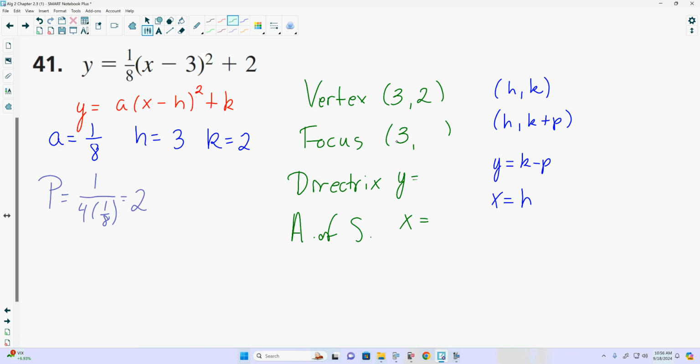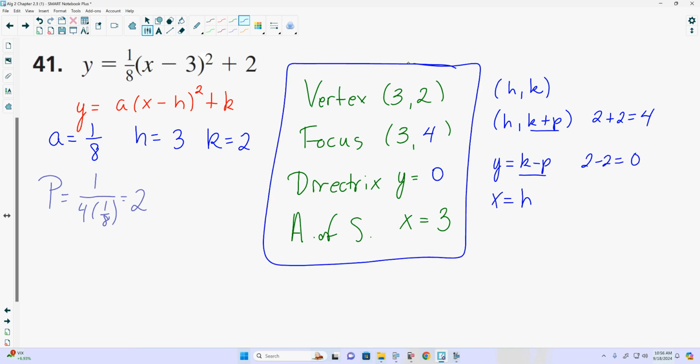Axis of symmetry, X is equal to 3. We've done almost all of this. The last things we need to find are K plus P and K minus P. So it would be 2 plus 2, 4. And the other one's 2 minus 2.